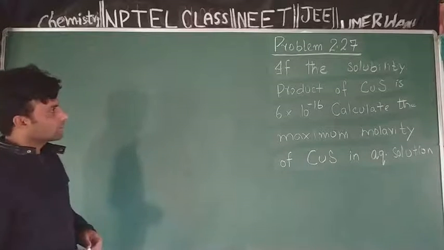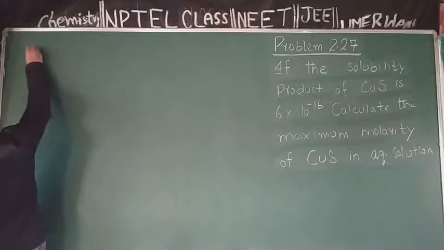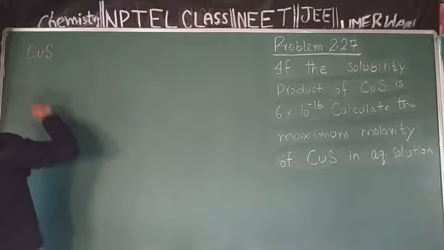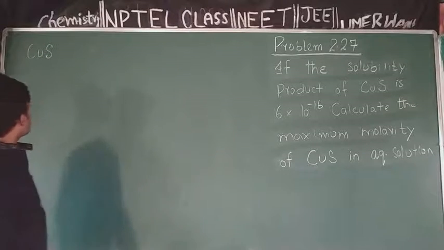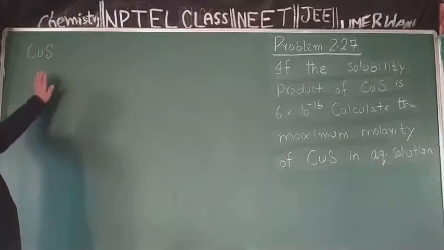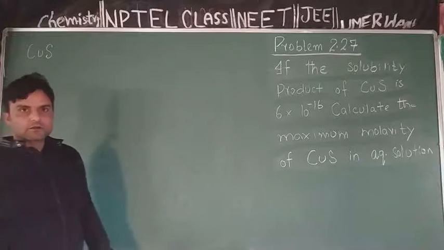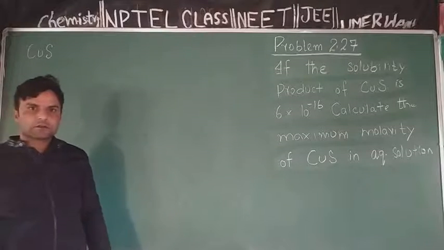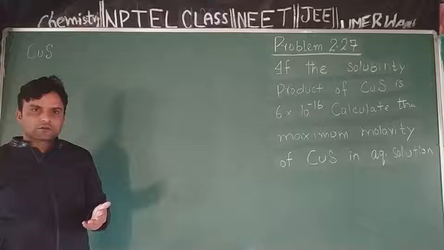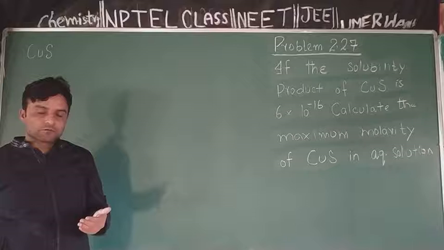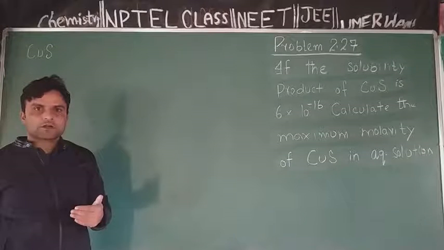Now the problem is based on this solute, copper sulfide. Copper sulfide is sparingly soluble in water, and for any sparingly soluble salt in water, only a small amount of it gets dissolved, and the rest of it remains undissolved.